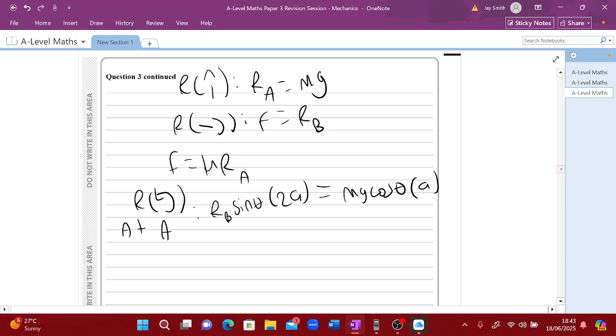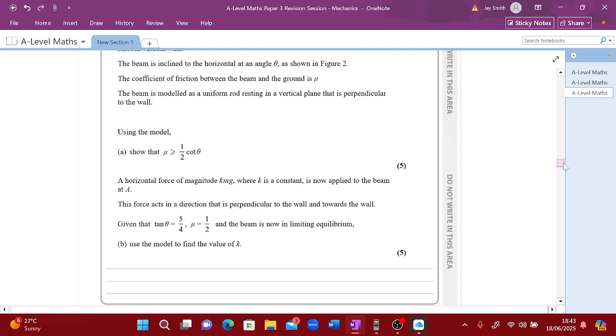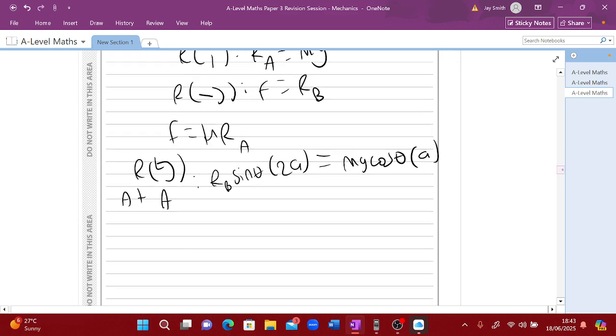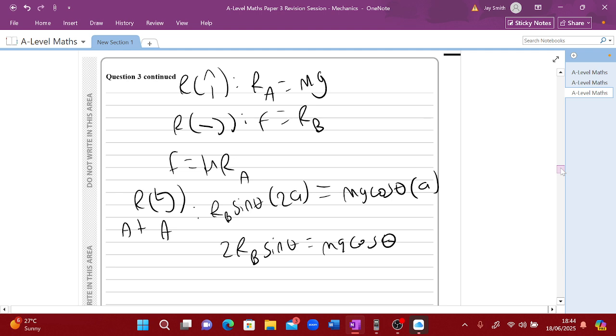I can simplify that a little bit and cancel an a out, so I can say 2 RB sine theta equals mg cos theta. And that's all our equations. These three equations are the only things we've got to work with.